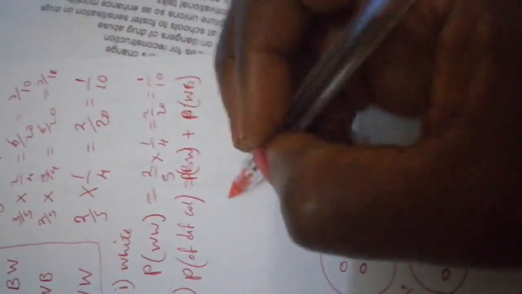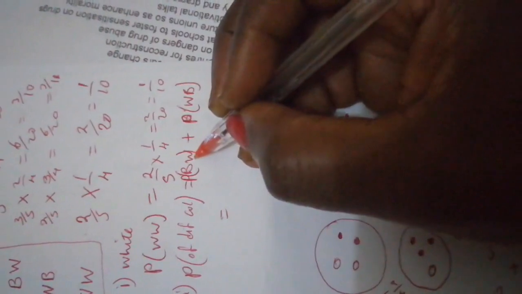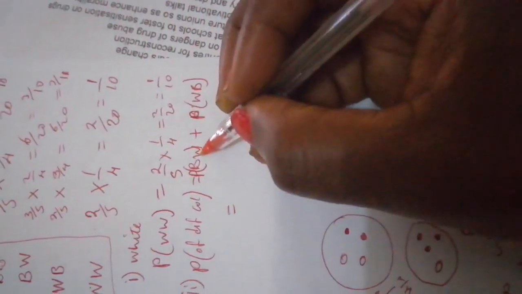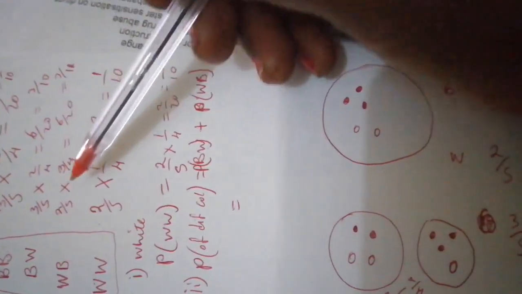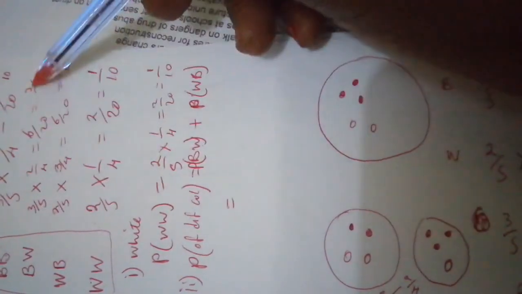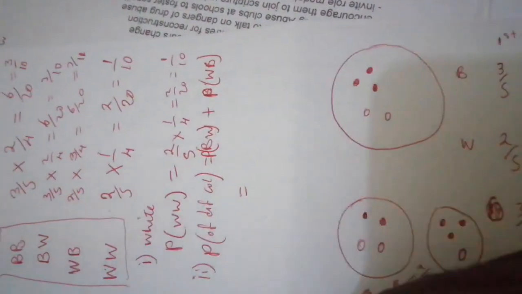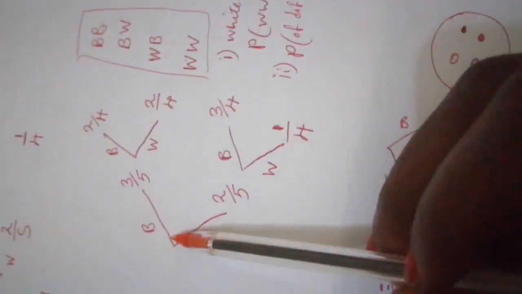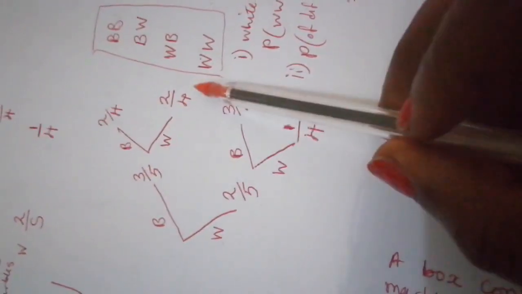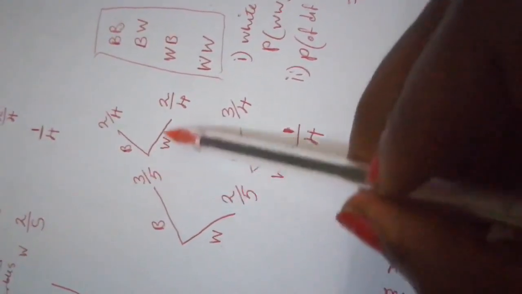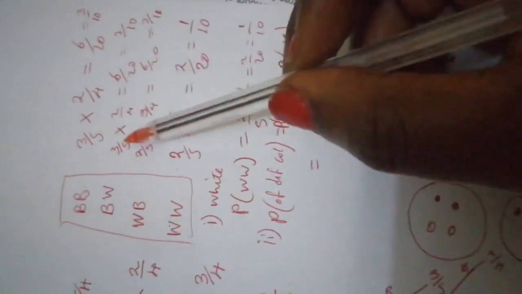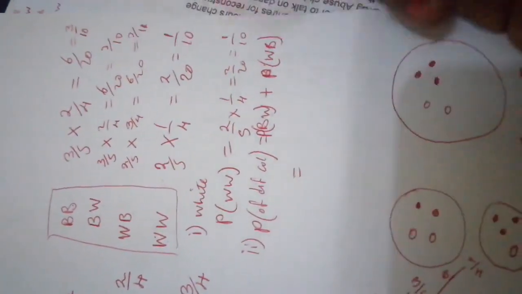Here we've already calculated the probability of BW, it's that one. If you didn't do this, you can simply get BW: 3 over 5 times 2 over 4. We've already done this and the answer was 3 over 10.